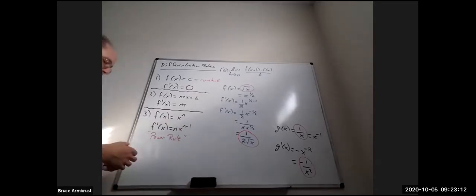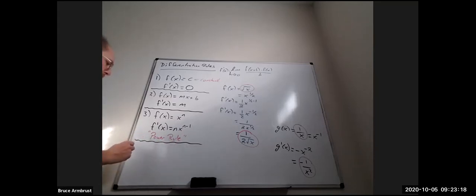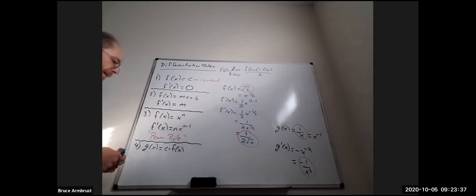There's the power rule. All right, now the next one I want to do is another kind of generic guy, which is the constant multiple rule. Meaning, what if we have g of x equals c times f of x?